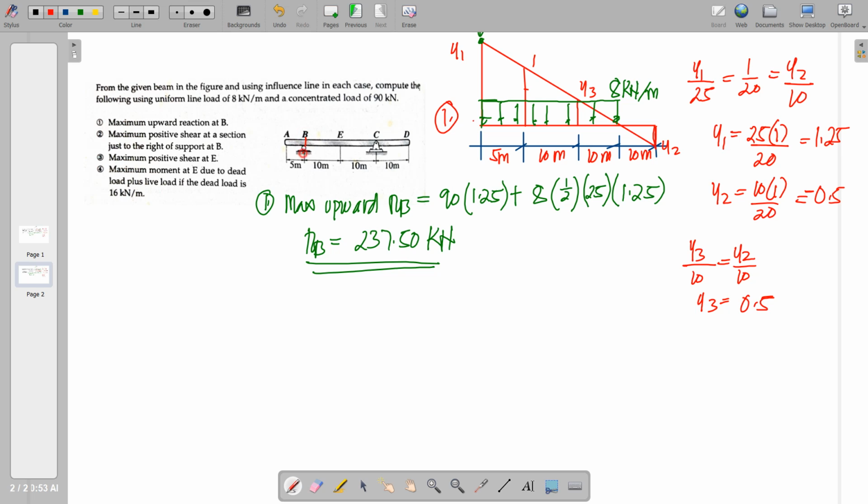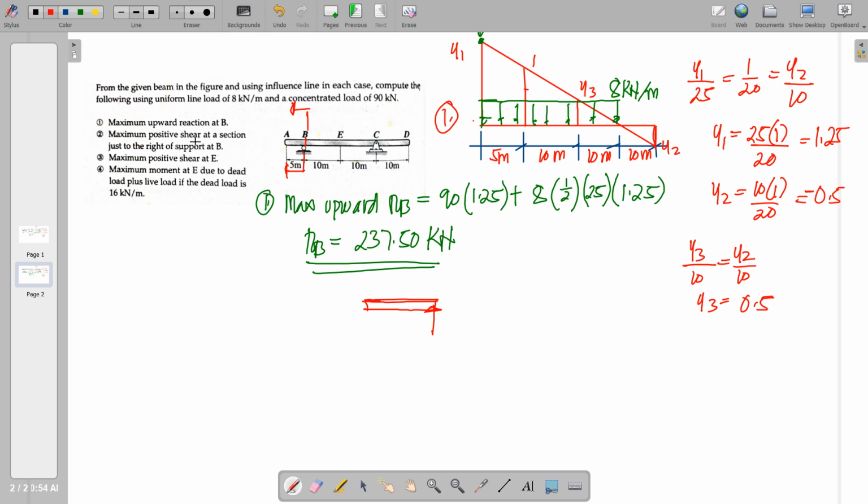Say this is the cut section considering our left portion. There will be a reaction here. So the reaction is maintained. Why?